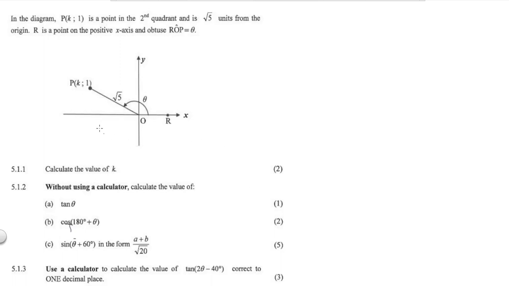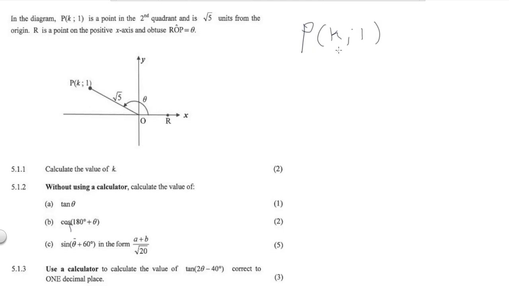First of all, you have to look at the graph that is given to you, where we have the value of p, the p which is k and 1.